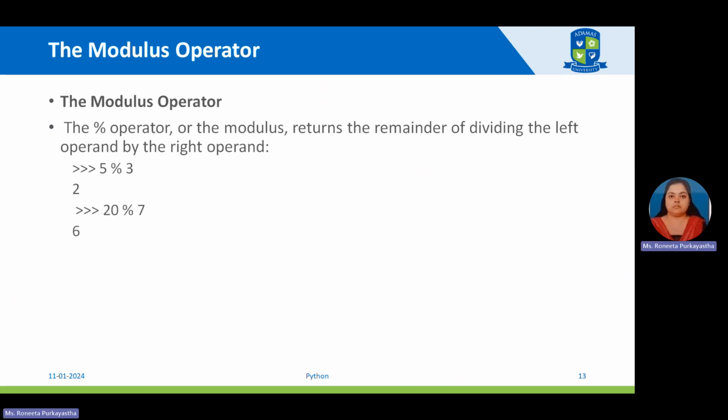So 10 modulo 3 gives 1. Similarly, 5 modulo 3 gives 2, and 20 modulo 7 gives 6. So 20 modulo 7 means when 20 is divided by 7, what is the remainder left? Okay.